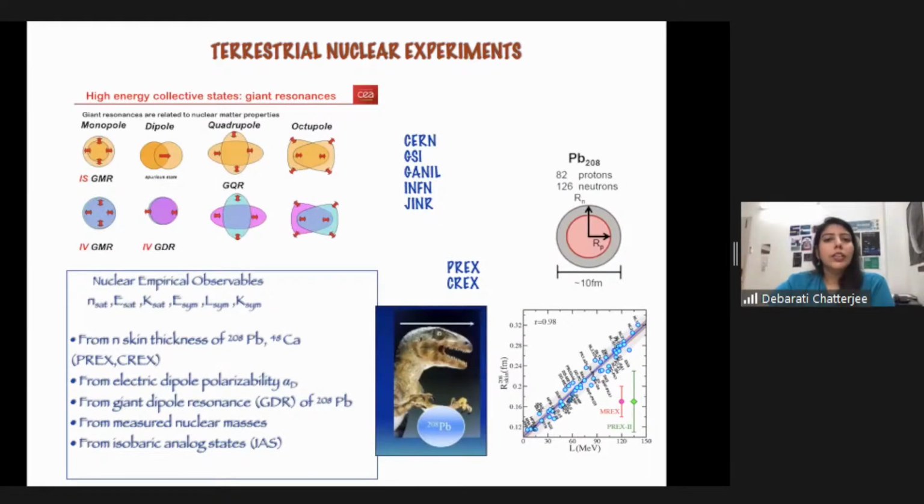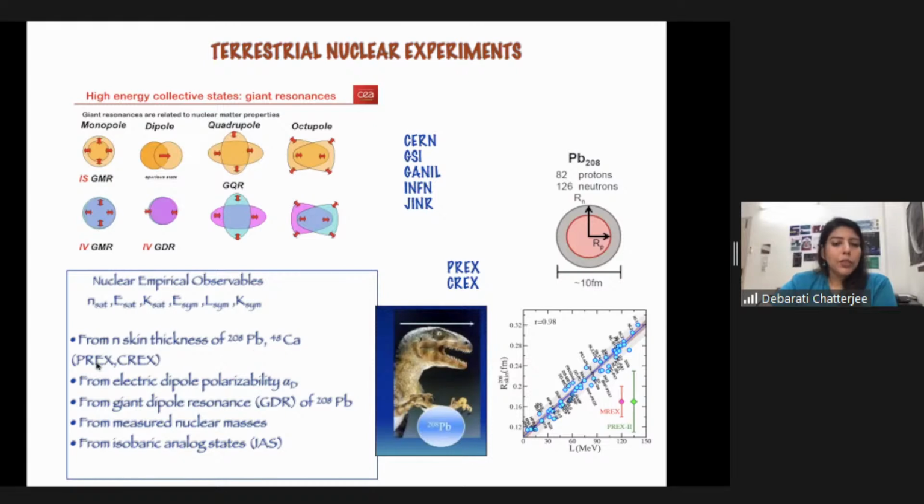So now let's look at terrestrial nuclear experiments. Nuclear empirical observables like the ones I talked about, NSAT, ESAT, all these nuclear empirical parameters, are measured in terrestrial experiments. Which kind of experiments? There are experiments which study heavy nuclei, magic nuclei, and so on. So nuclei like, for example, lead 208, calcium 48, and so on.